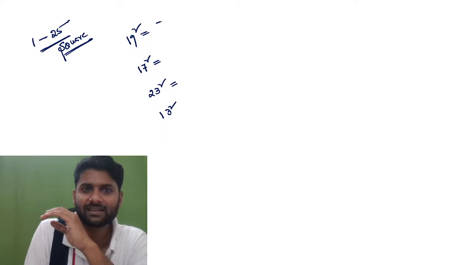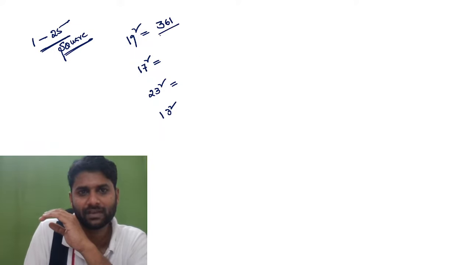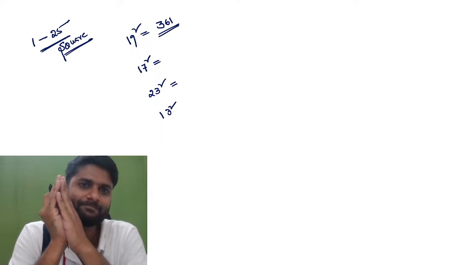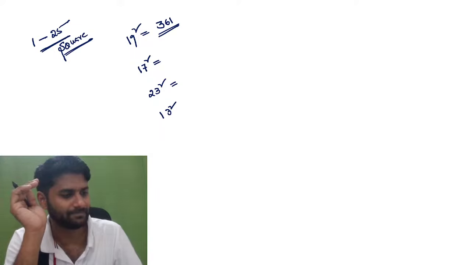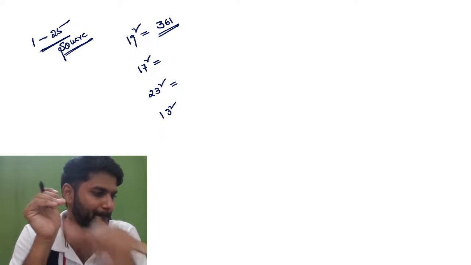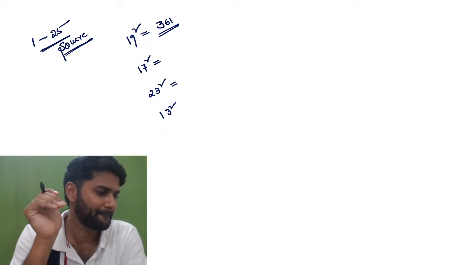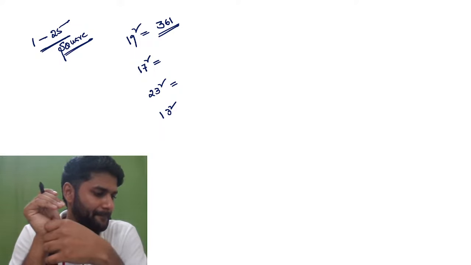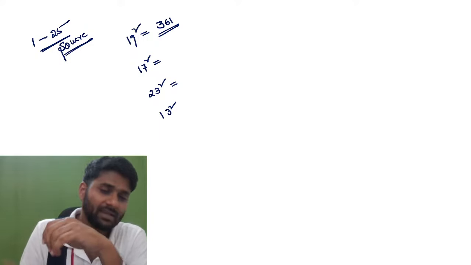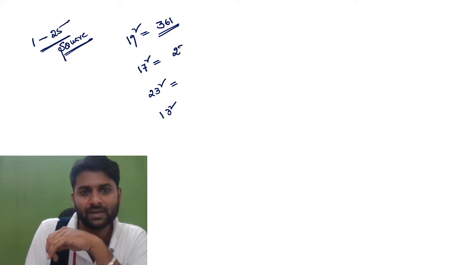Yes, 19 square is 361. Very good. What is the 17 square value? 17 square is 289.